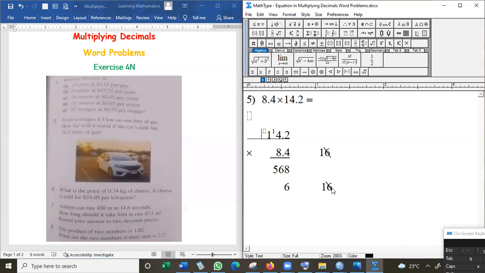Plus the 1 will give us 33. That 3 on the right, bring it down, and the 3 on the left, we bring it up.